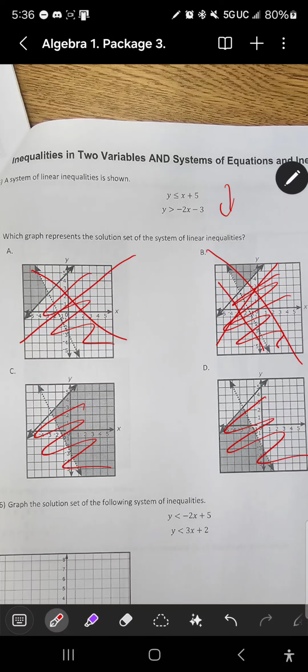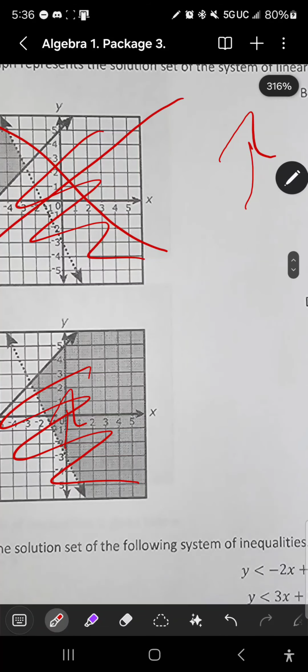So then let's do the other. I'm sorry, the slope is -2. We see here and we see here. And the y-intercept is -3, so we're fine with the y-intercept being -3. Now we see that it is greater than, so it's going up. It's going to be over the line, in the positive, like in the upper y values.